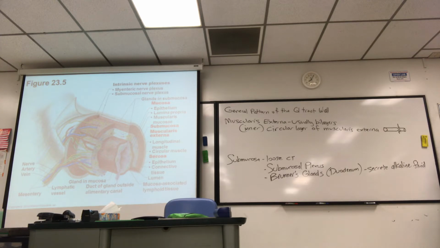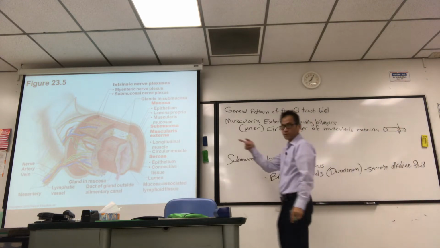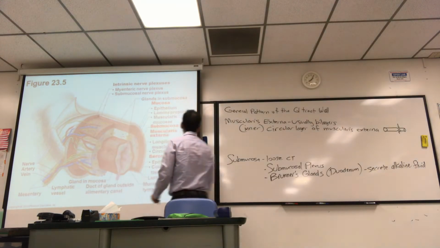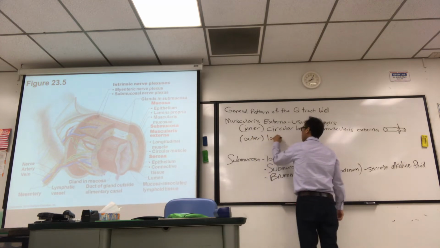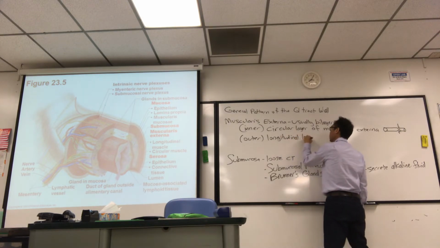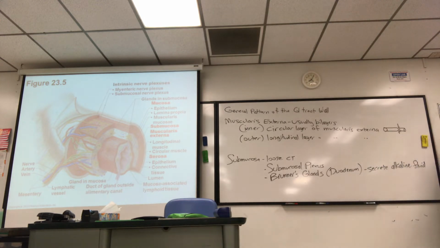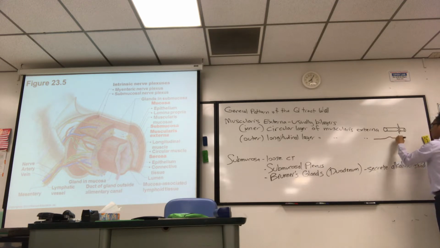Okay. Now the layer surrounding that is a longitudinal layer. It's along the length of the tube. That's the orientation of the smooth muscle cells here. So you have the outer longitudinal layer of muscularis externa. So that'll allow you to scrunch the tube, kind of like scrunch it that way.